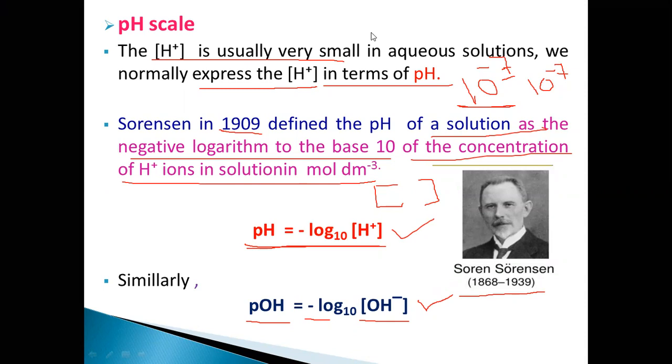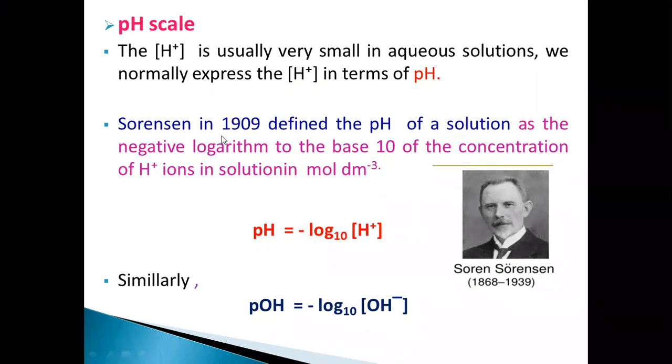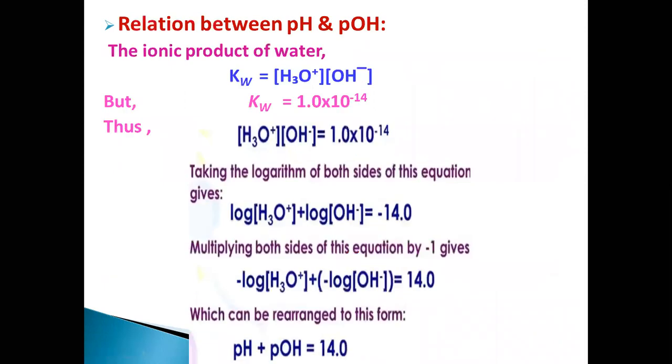Okay, so this is called as the pH and pOH. Formula of pH is minus log to the base 10 concentration of H plus ion, and for pOH the formula is pOH is equal to minus log to the base 10 concentration of OH minus ion.